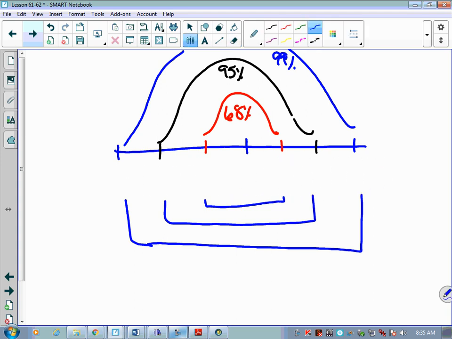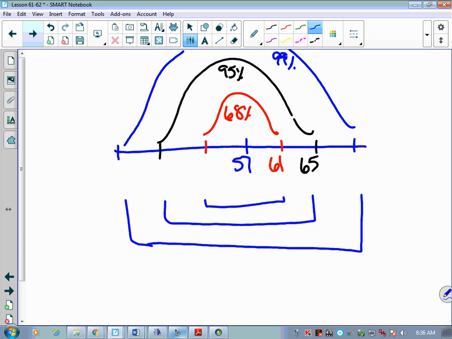Okay? What was my mean of the distribution? 57. So I'm going to write 57 here. What was my standard deviation? 4. So what do I do as I go to the right? Add 4. 57 plus 4 is 61. Okay? 61 plus 4 is what? 65.